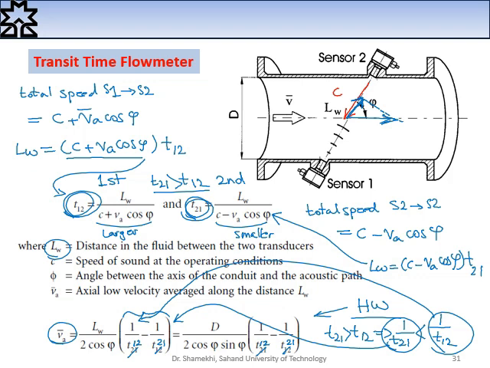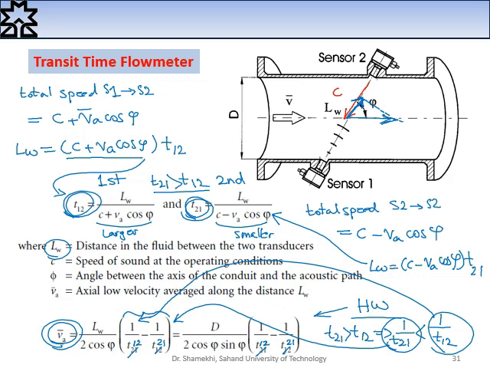You should find VA based on all the parameters here. As you can see, nowadays we can simply make such a sensor.